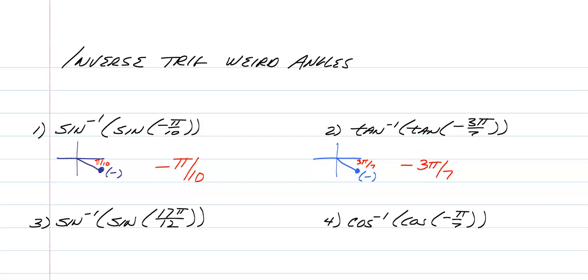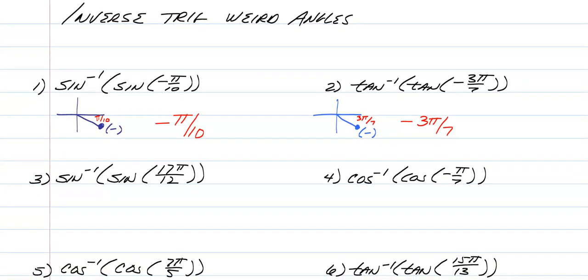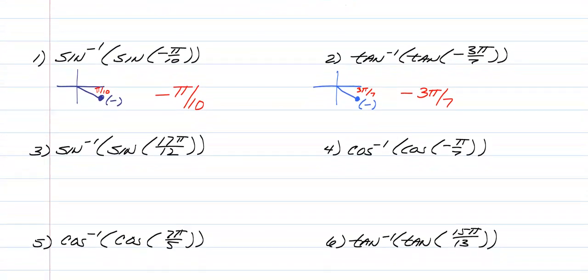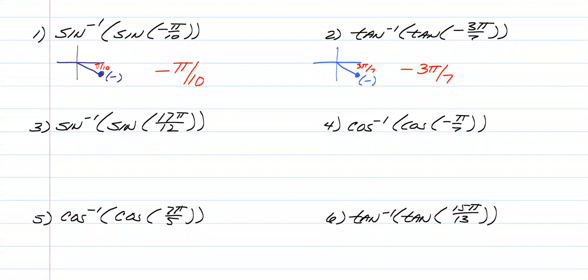All right, so the first two, pretty simple because when you are working with sine and tangent in the negative quadrant, it's not that bad. So now things are going to get a little bit more challenging. So the first thing we have to do is this is sine of 17 pi over 12.